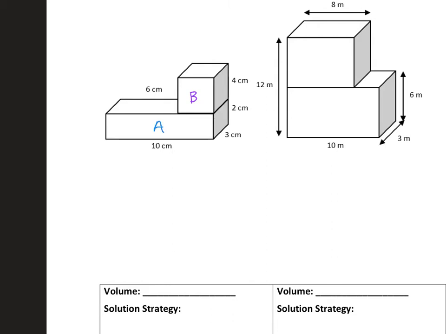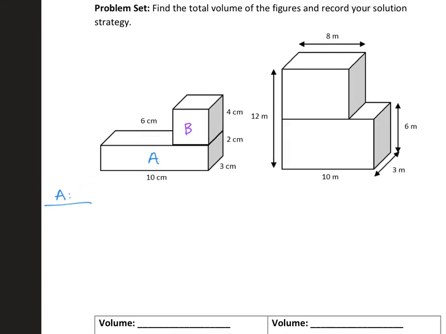Okay, so starting with Prism A, again, I'm going to find the dimensions here, okay? So, actually, you know what? I'm going to do that up above so I have some more room. Okay, so Prism A, we have a length of 10 centimeters right there.